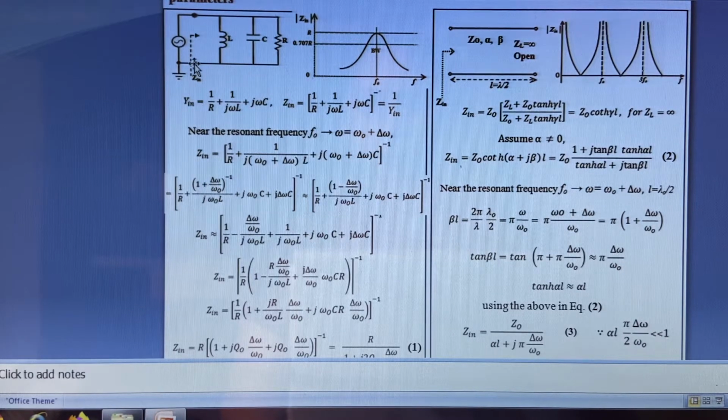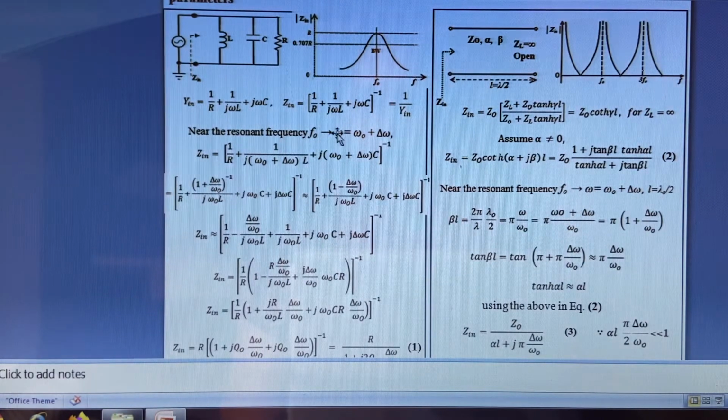To obtain the input impedance, we take 1 over Yin, that is Zin equals 1 by Yin. So this is the input impedance Zin.